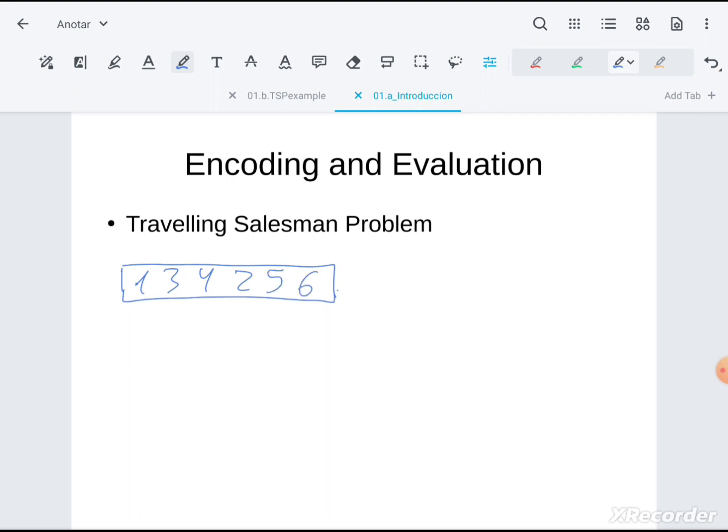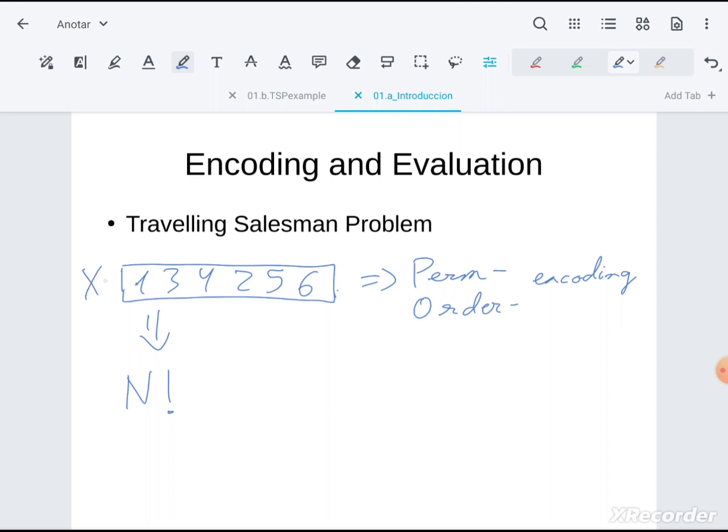Something like this. So we call this permutation base or order base encoding. The number of possible solutions is n factorial.